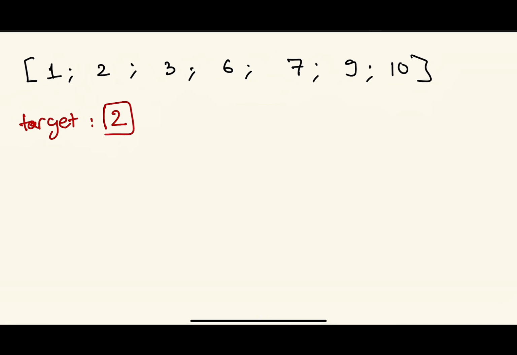By doing the binary search, the idea behind it is to reduce the area for searching. What I mean by that is that you're going to use the characteristic that the array is in ascending order.